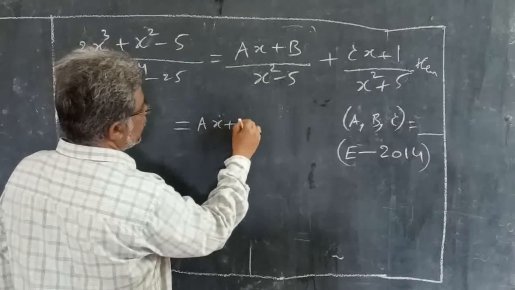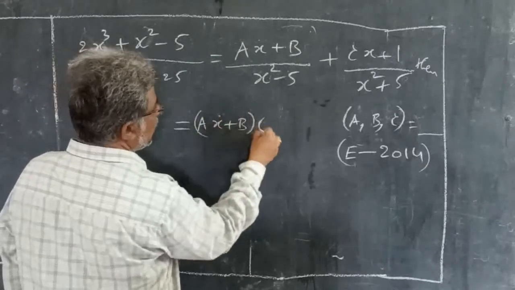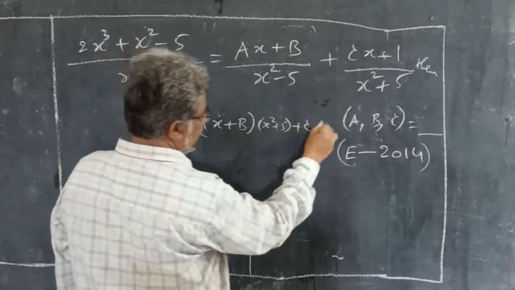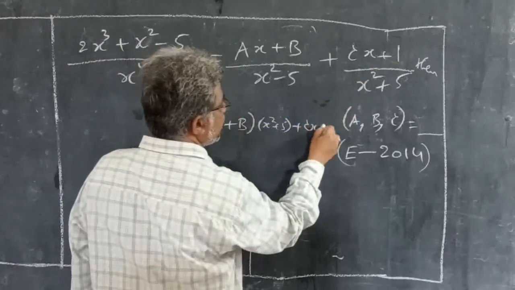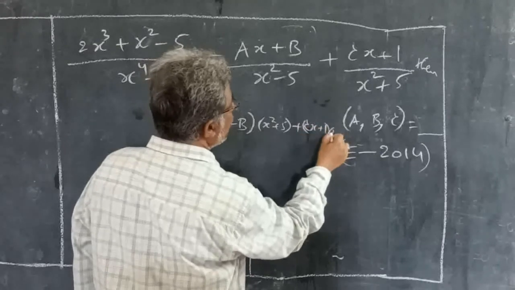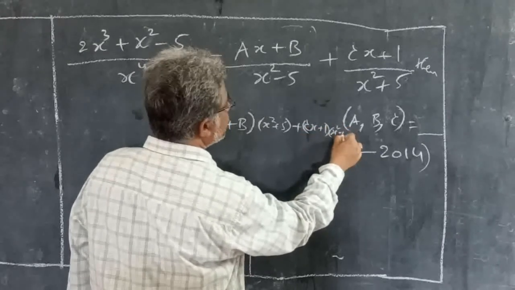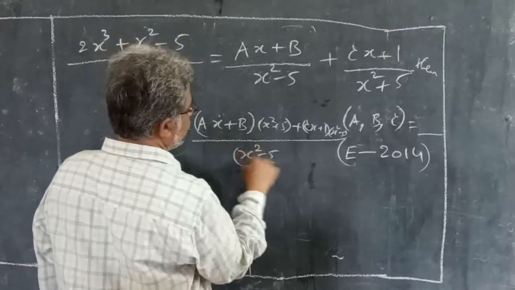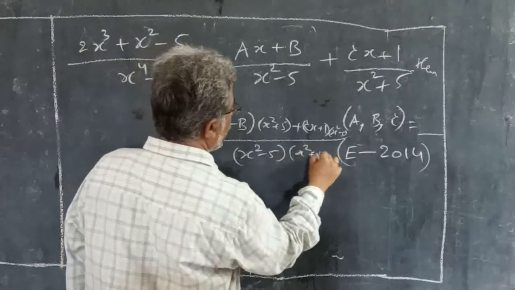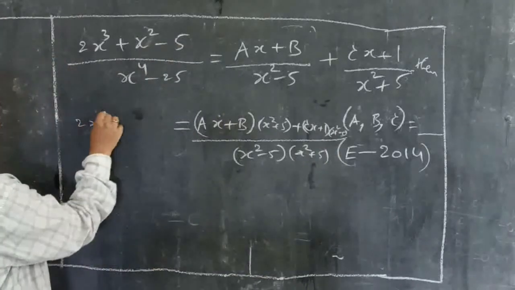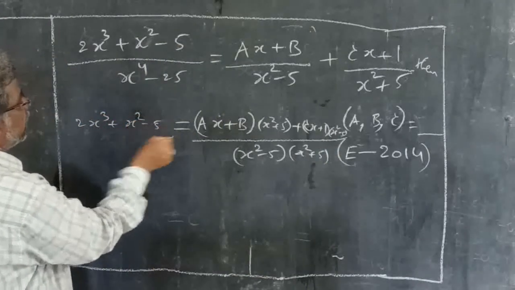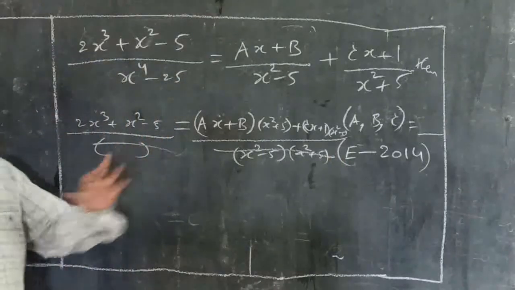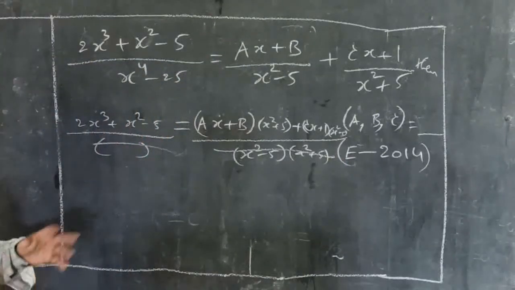Taking LCM, ax plus b into x square plus 5 plus cx plus 1 into x square minus 5 is equal to x cube plus x square minus 5, since x square minus 5 into x square plus 5 cancels on both sides.